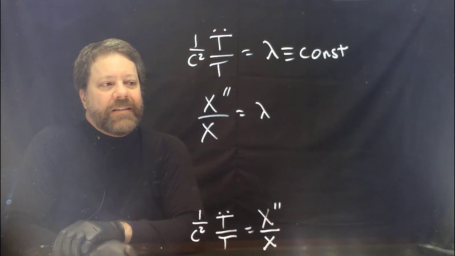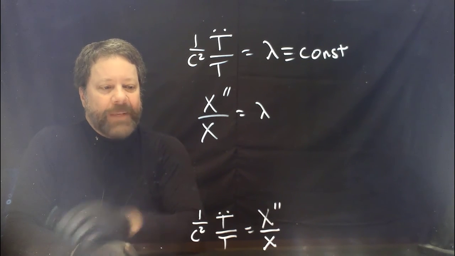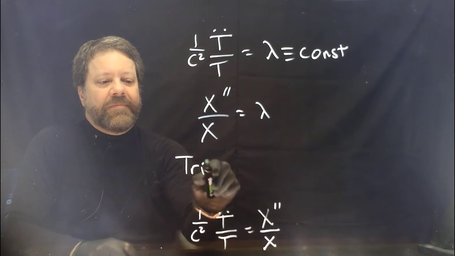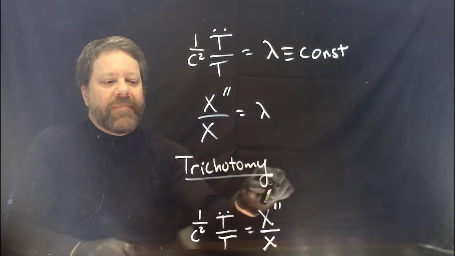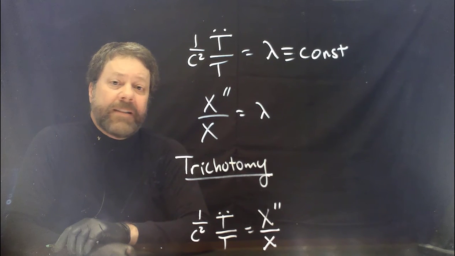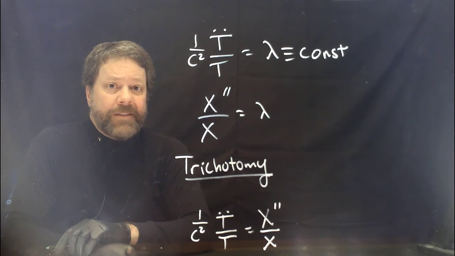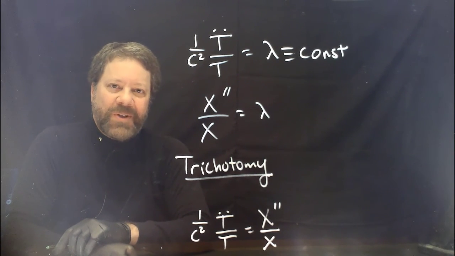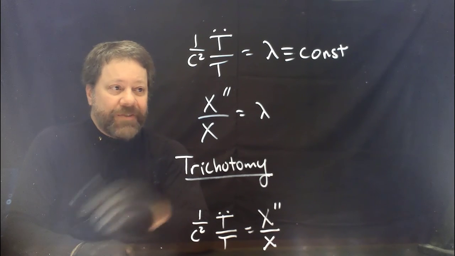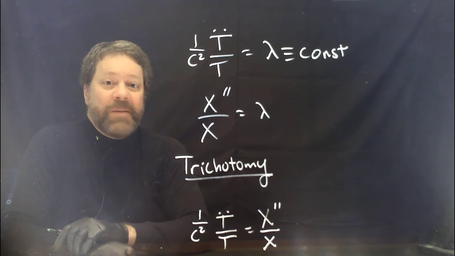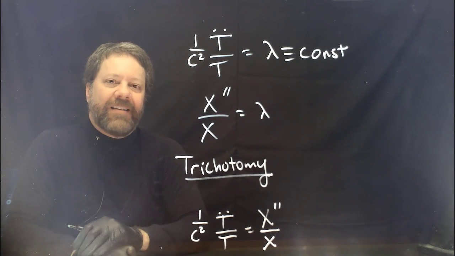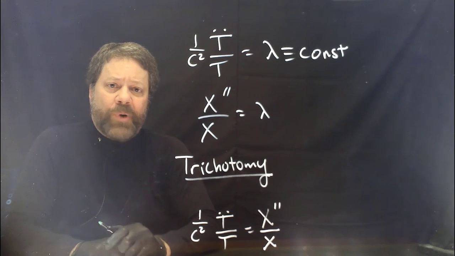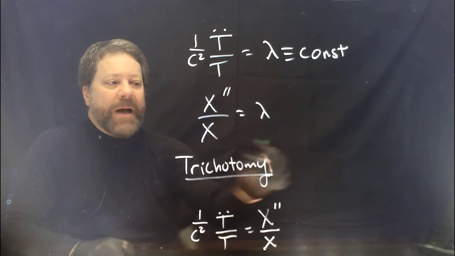Now, by the principle of trichotomy, every real number is either positive, negative, or 0. There are 3 options for lambda. Lambda could be positive, negative, or 0. Let's see which is most appropriate for different boundary conditions.